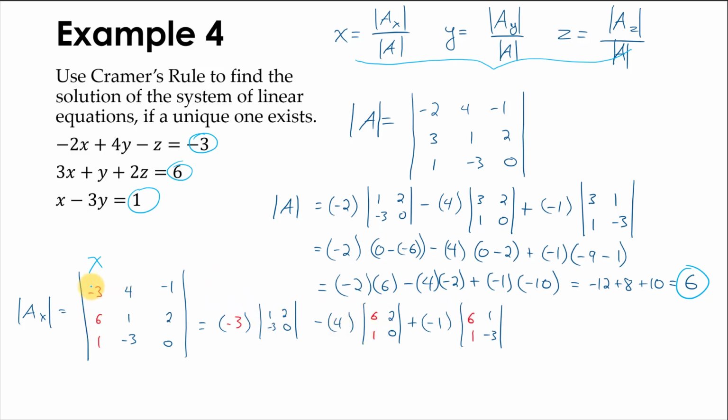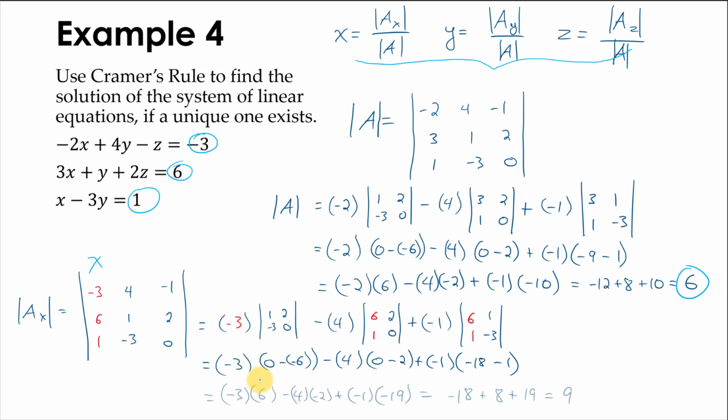We go through the same process here, cross out our row and our column, and we have our 2 by 2 matrix. I won't go into too much detail about that. You should understand that by now, hopefully. So now I've got -3 times 6, minus 4 times -2, plus -1 times -19, which gives us a determinant with the x column replaced of 9.